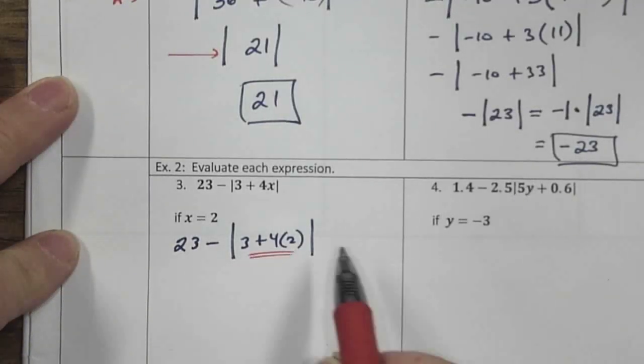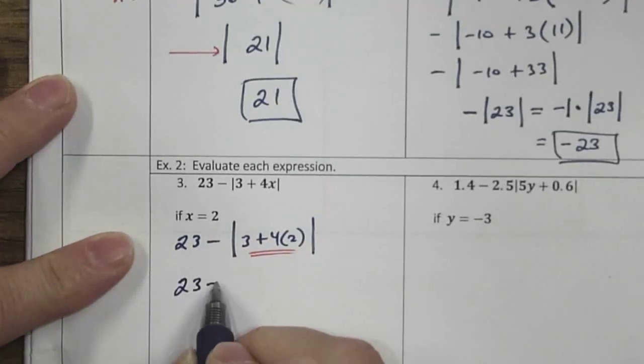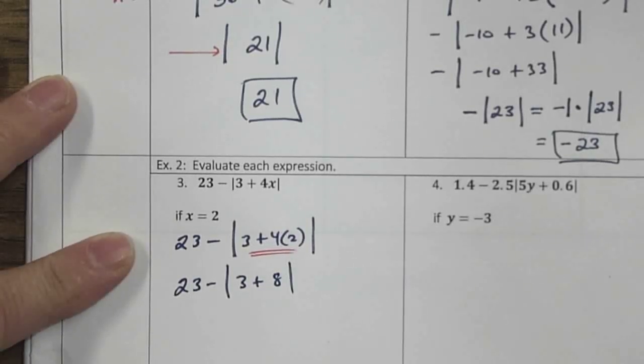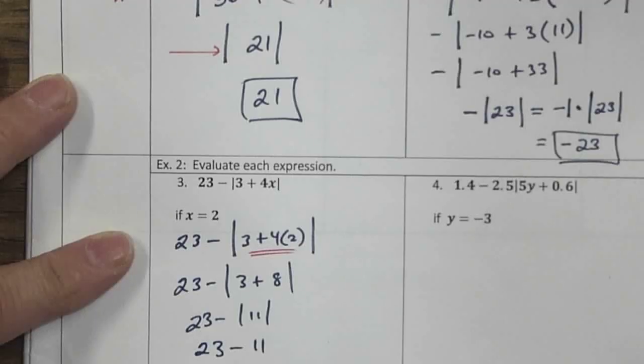So we want to work inside here first. 23 minus absolute value 3 plus 4 times 2 is 8. What's 3 plus 8? 11. 23 minus absolute value 11. Absolute value of +11 is +11. So we have 23 minus 11. 12.